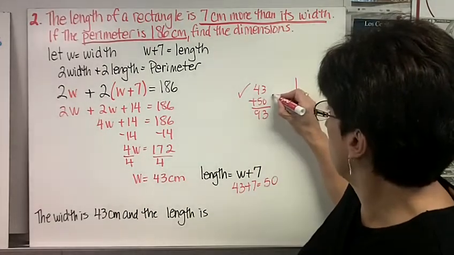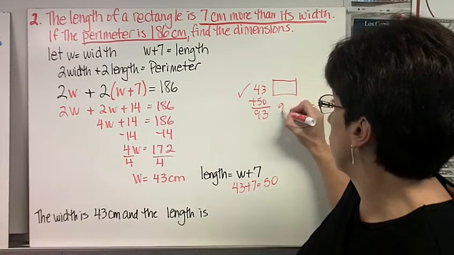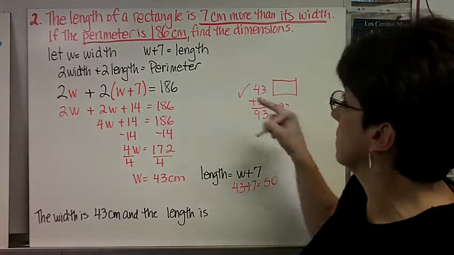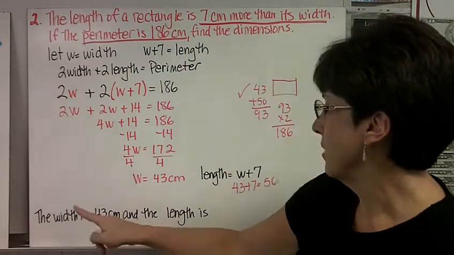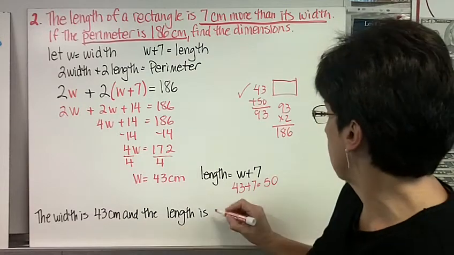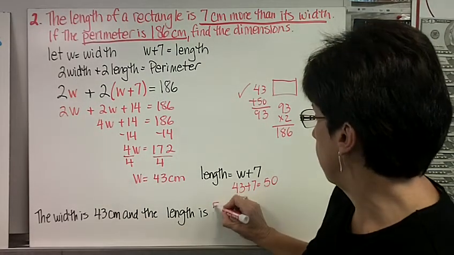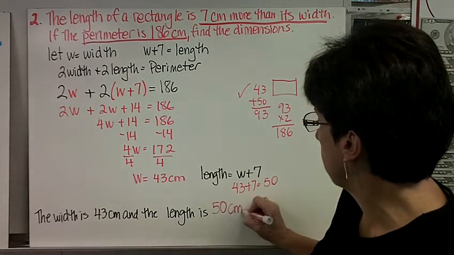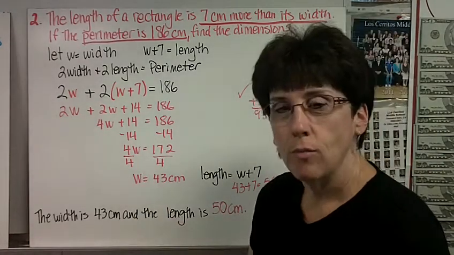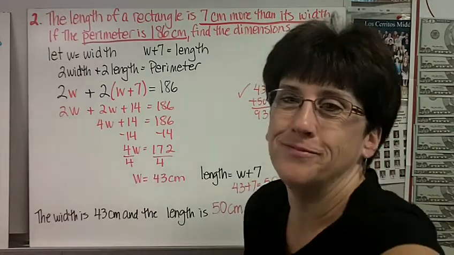And if I want to complete my rectangle, I need to double it. So if I do 93 times 2, I get 186. And that's what my perimeter was. So I finally write a sentence. The width is 43 centimeters and the length is 50 centimeters. And that's all there is to solving perimeter problems that are multi-step. That's it.